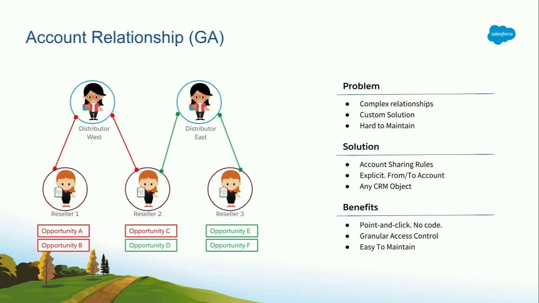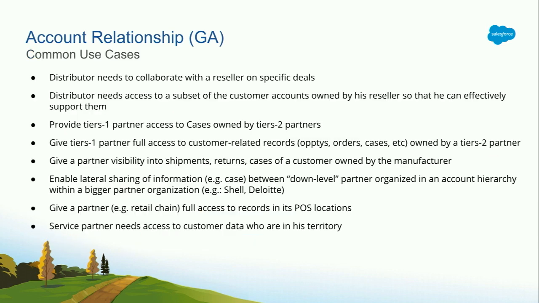Once you have established that relationship, then you can configure the specific information that you want to share with them. For example, in the distributor reseller case, you want to share the opportunities or leads. In the case of your service partners, you want to share cases. In case of commerce, you want to share the shipment information. So these are some of the classic examples.